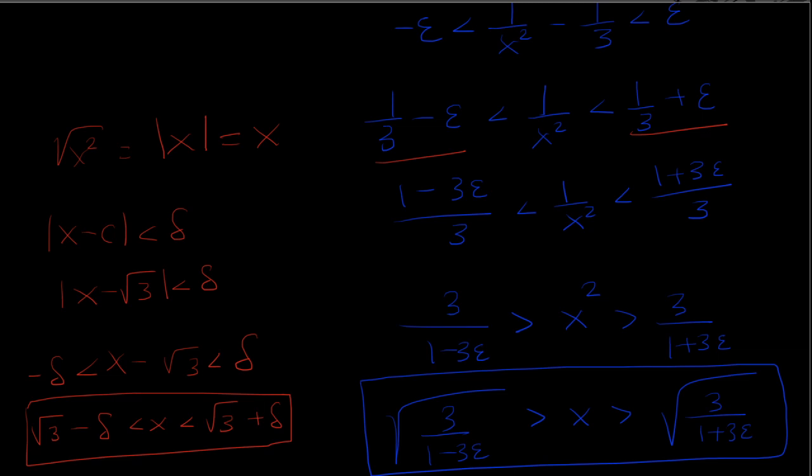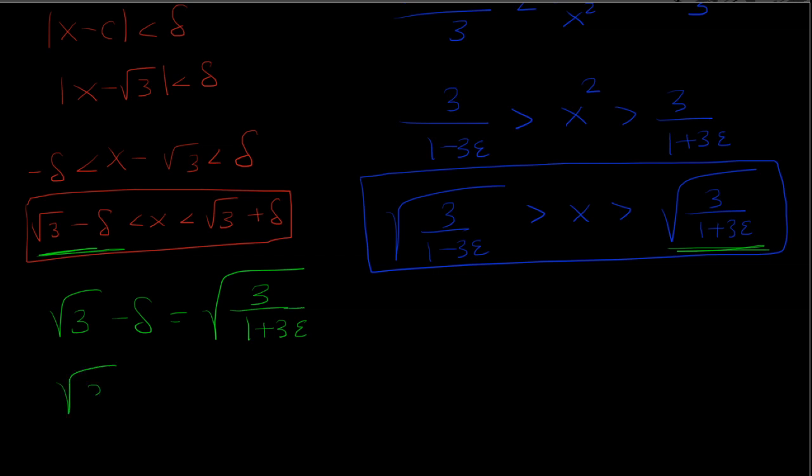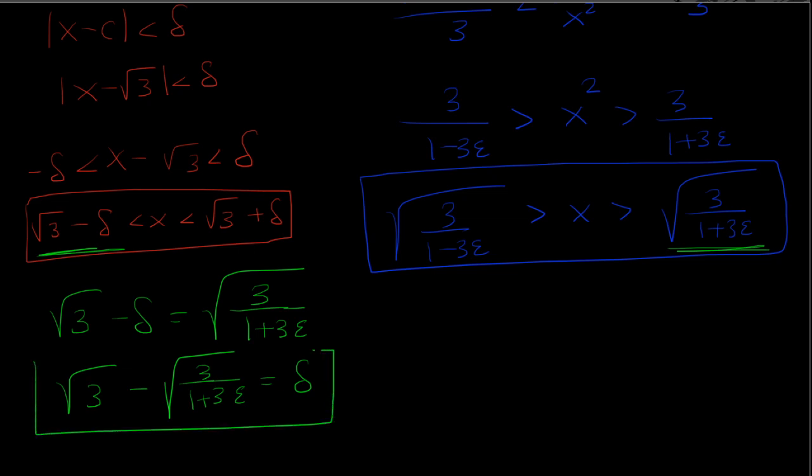And now what we have to do is set the lower and upper bounds equal to each other. So we'll start with the lower. So root 3 minus delta, we'll set it equal to the square root 3 over 1 plus 3 epsilon. And so that means root 3 minus 3 over 1 plus 3 epsilon is going to be delta. And then finally we can set the upper bounds equal to each other.